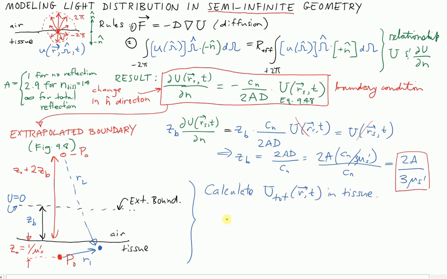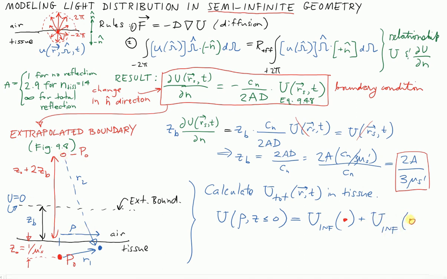All we have to do is say that the energy density at any cylindrical location rho and any depth z into the tissue, z less than or equal to 0, so within the tissue region, is just equal to the energy distribution that we would get in an infinite geometry for the point source that's in the tissue plus the energy distribution that you would get inside of an infinite tissue geometry for the negative point source that is above the tissue.